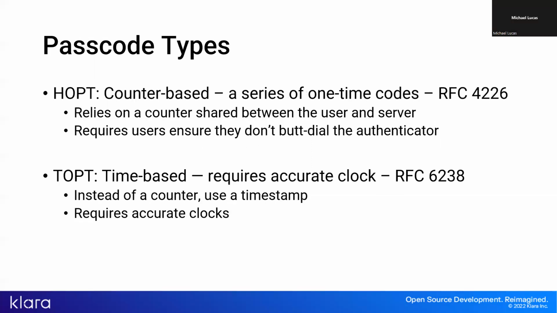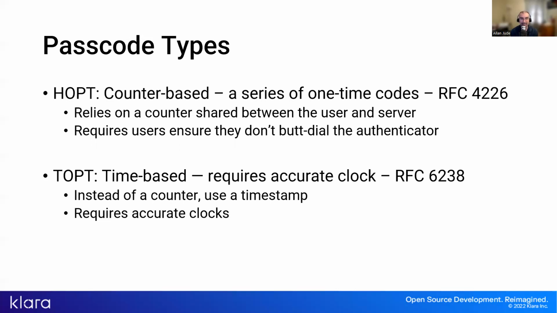Yes. So as we mentioned, there are two main types of two-factor authentication with the Google Authenticator app. The first one is the HMAC-based one-time passwords, which are basically counter-based. So it's a series of one-time codes based on a counter, and the server and the client each have the same counter. The server will increment it when you try to log in and say, hey, I need this counter code. And using that shared secret, it'll generate the next hash and give you that 6-digit password.